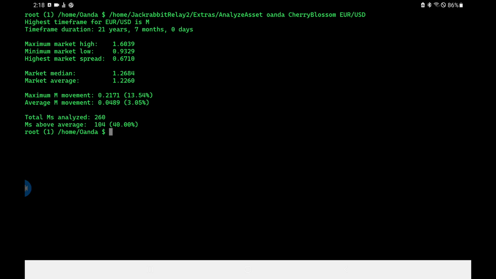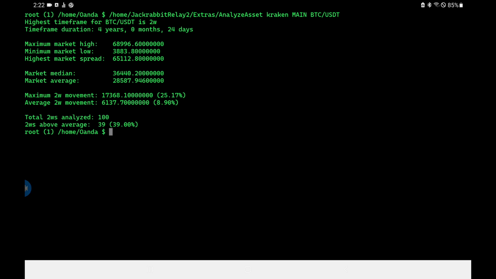So by looking at this data, by doing this analysis, and this works on every single market, and I do mean every single market. We can see, for example, with Bitcoin, everybody's darling favorite lately. We have a history, 4 years worth of data, and we can see what the highest high is, what the lowest low is, and how much the market has actually moved in that 4-year range.